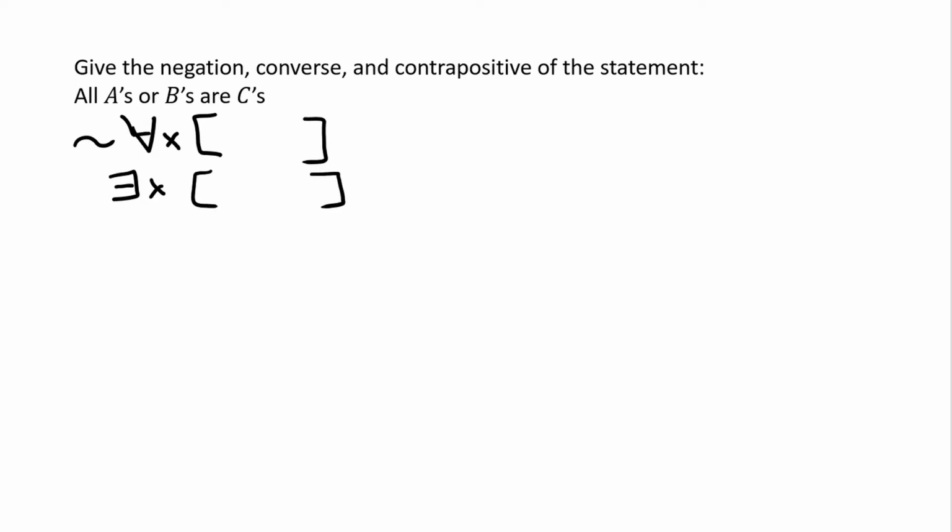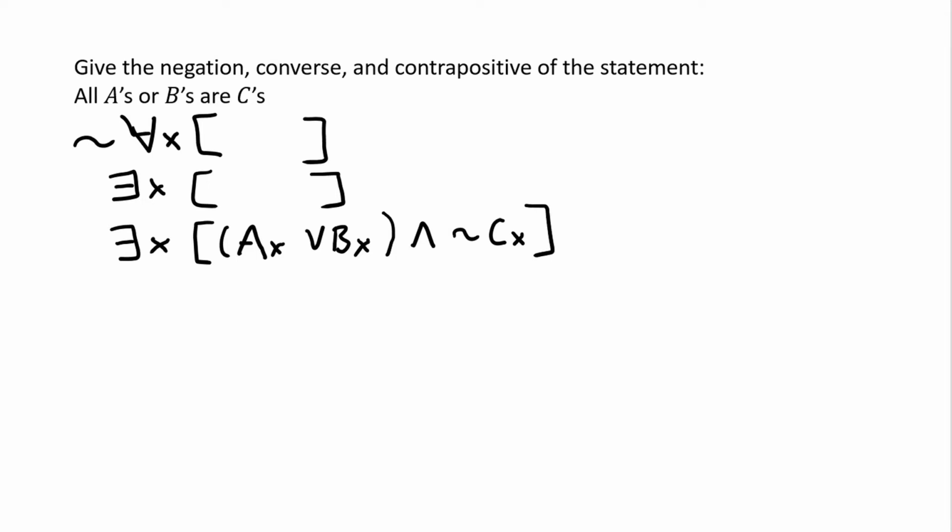Let me think about that for a moment. What I want is that there exists an X that violates all A's or B's or C's. So we're going to look at an X that's an element of the set A, or an X that's an element of the set B, and we want to negate that that's an X that's an element of the set C. Now we actually did that, but it says give the negation, not the symbolic statement, so we need to write this out.